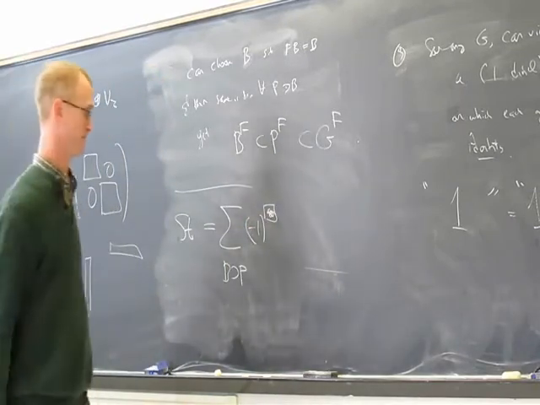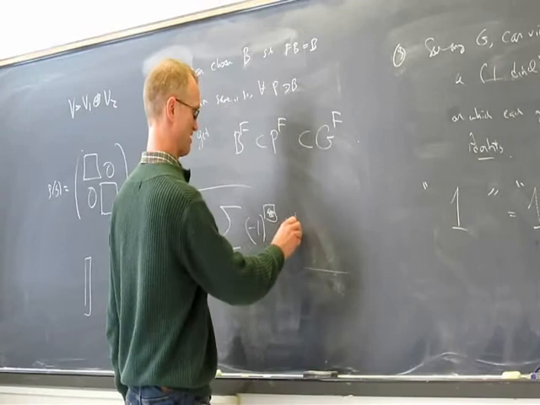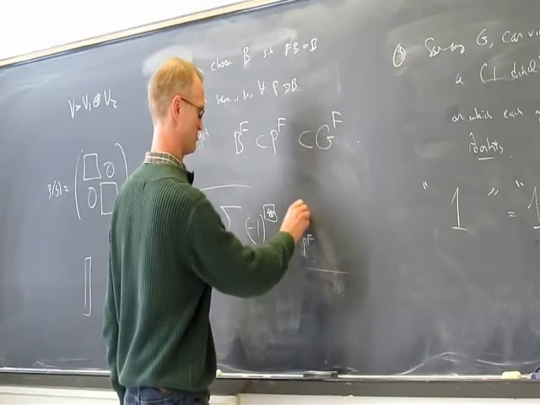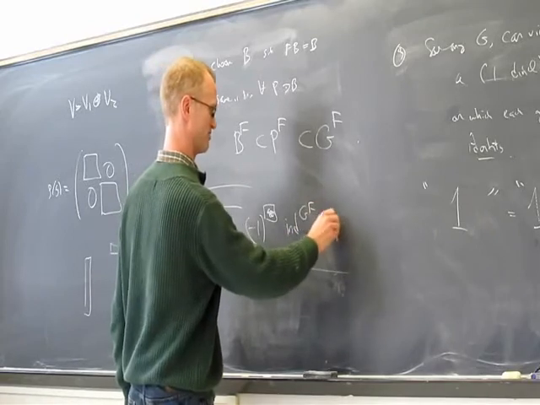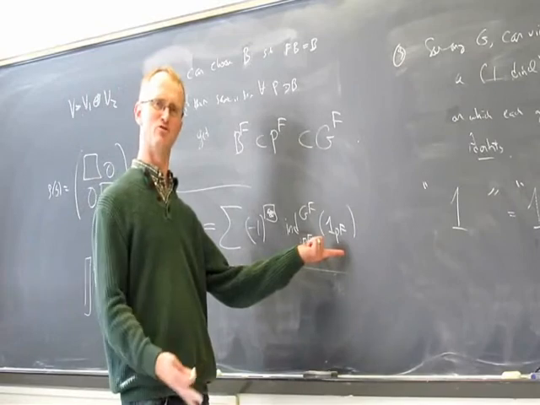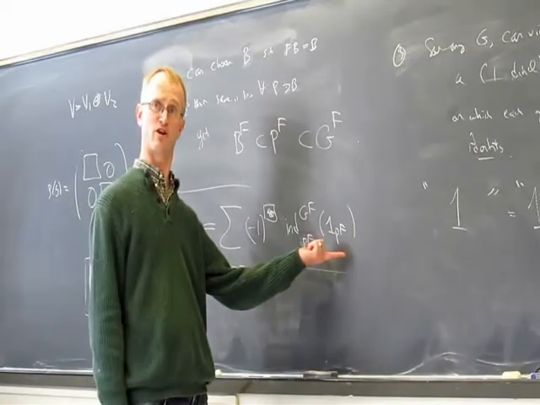It has to alternate based on some dimension, and then I take the induced representation from P^F to G^F of the trivial representation.